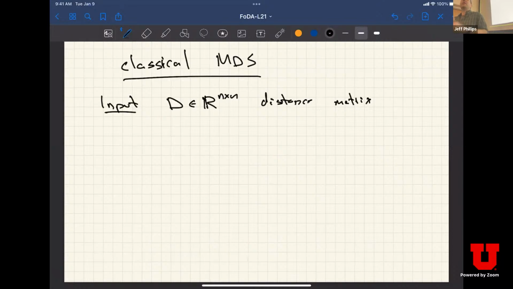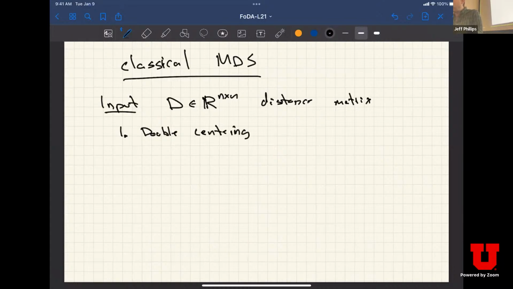The algorithm is three lines, and each line is going to be doing a lot. The first line is what's called double centering.